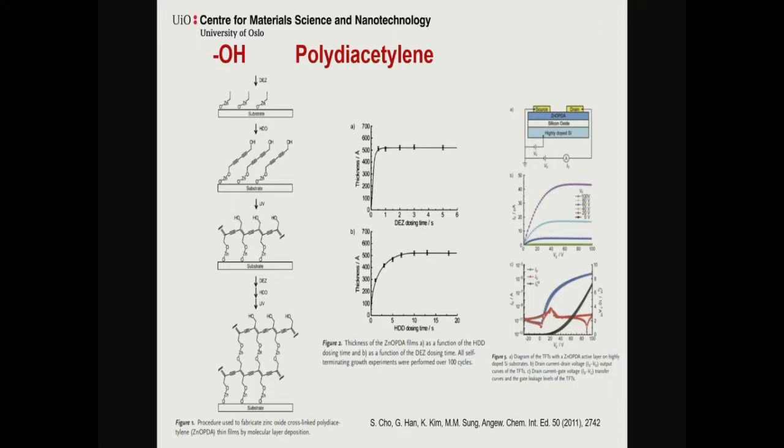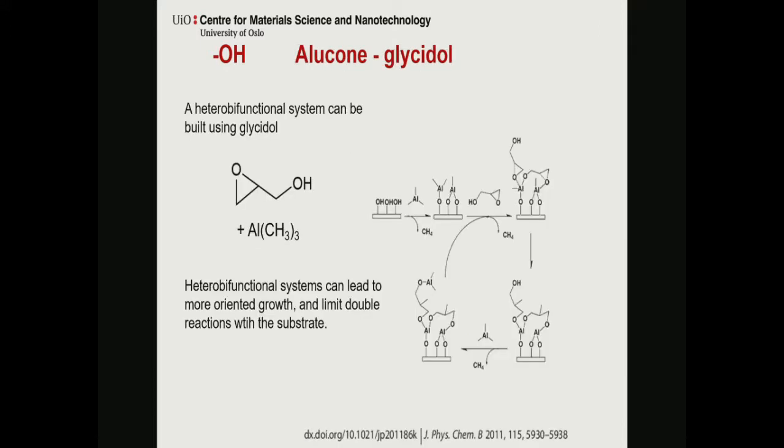You can try to get away with a double reaction by using a heterofunctionality as well. There's glycidol. You could claim that it is a heterofunctionality, but in principle this OH here can also be reactive, so it can double react. But it's one step towards it, so that you form this diol more or less in situ on the film itself.